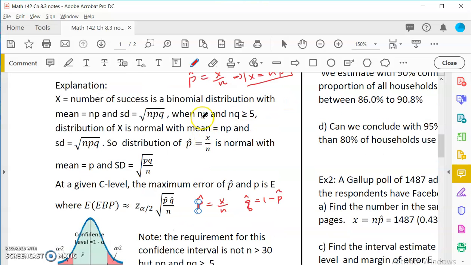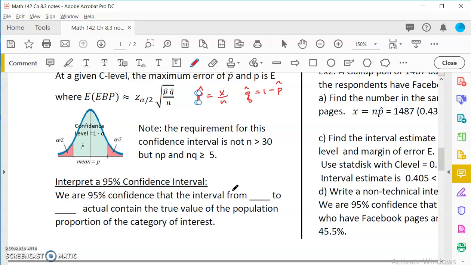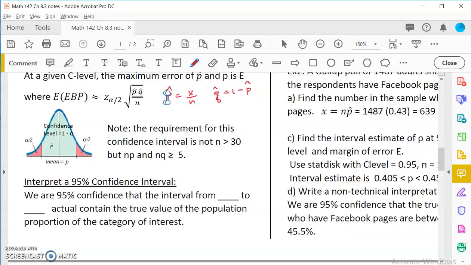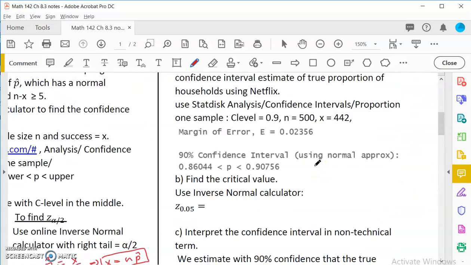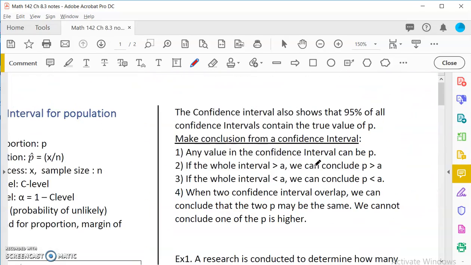So if your expected successes and failures are greater than 5, they are normally distributed. And we also can do the interpretation. If we have constructed a confidence interval, we would write that we are 95% confident the interval from this to this actually contains the true value of the population proportion. So this is how you write the interpretation.